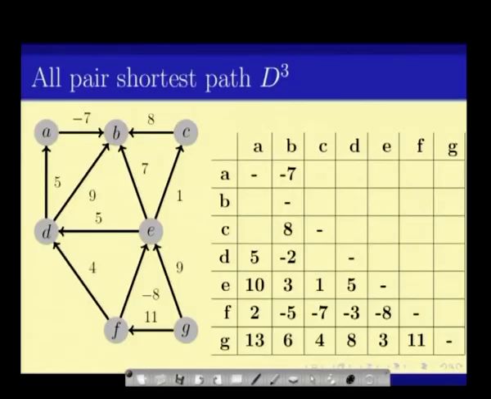Now, we know that in a graph, the shortest path length between any two vertices cannot be more than the size of the vertex set, or size of V. So, all we need to do is go up to log to the base 2 of the number of vertices. If I can go up to log V levels, I will get the answer.